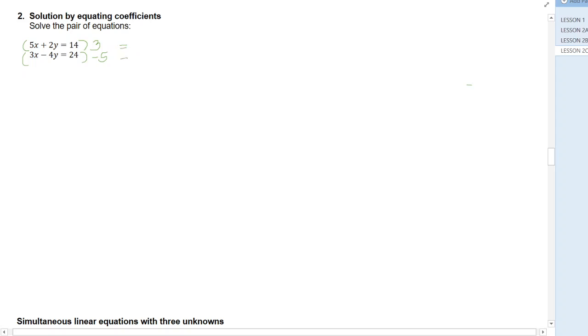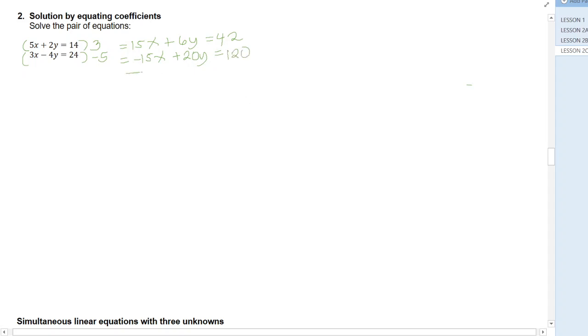So if we multiply it there, that is 15x plus 3 times 2, that is 6y, is equal to 14 times 3, that is 42. Okay, so negative 5 times 3, that is negative 15x already, plus that is 20y, is equal to negative 5 times 24, that is 120.